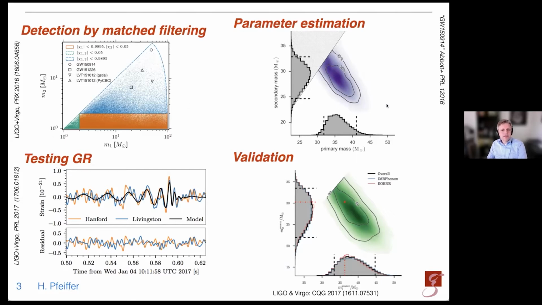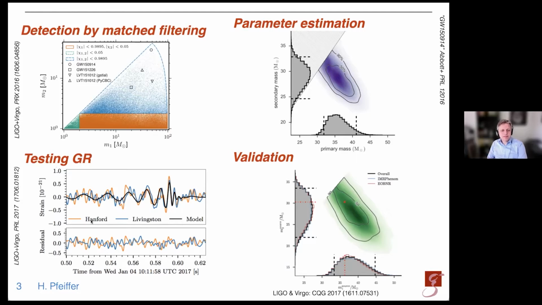Once we have signals, parameter estimation essentially compares the measurement data with the expectations of waveforms for, say, different masses, and in this particular plot, but also of all the other parameters of the binary black holes. And you then can color code the region of parameter space where the waveform expectations agree with the measured data. And that constitutes the measurement of, say, the masses of the two objects.